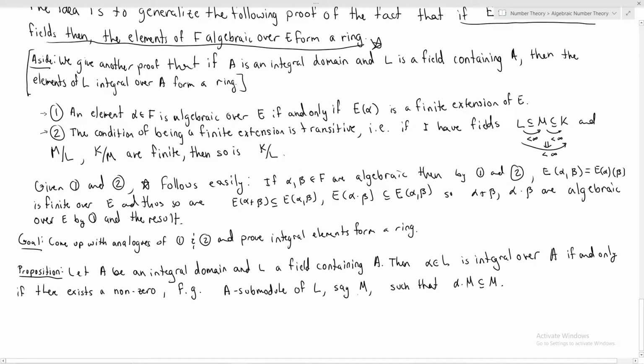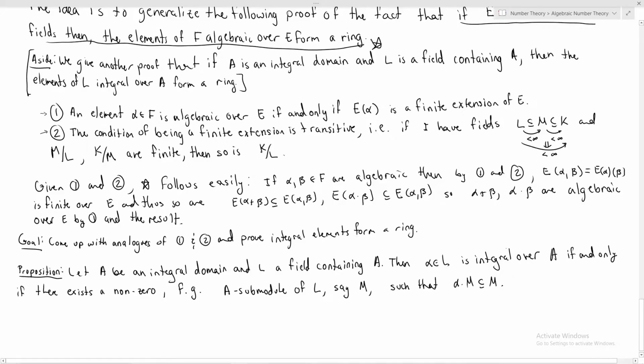So if I can find a complex number that takes my lattice inside my lattice, so that when I rotate and scale my lattice by alpha I still end up in the lattice, then that element alpha has to actually be integral over Z. This is how I think about this heuristically: if I can find a lattice in C that transforms nicely with respect to alpha, then alpha actually has to be integral.